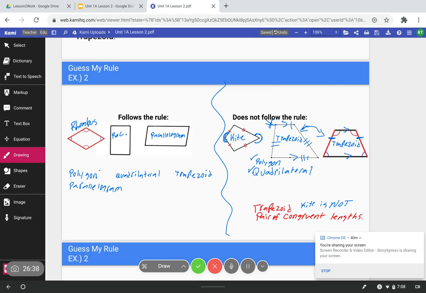All these shapes are polygons, quadrilaterals, trapezoids, and parallelograms, which means they have 2 pairs of parallel lines, 2 pairs of congruent lengths.